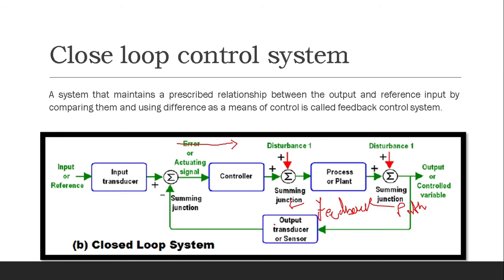Now an example would be room temperature control by a system. By measuring the actual room temperature and comparing it with the reference temperature, the thermostat turns the heating or cooling equipment on and off, switching your AC or heater to achieve the desired temperature.